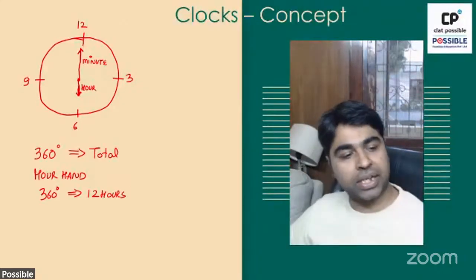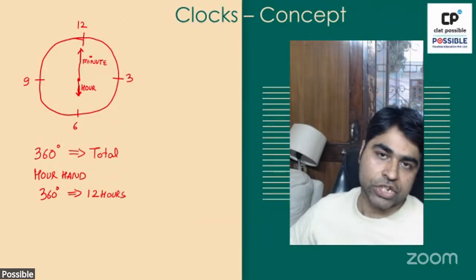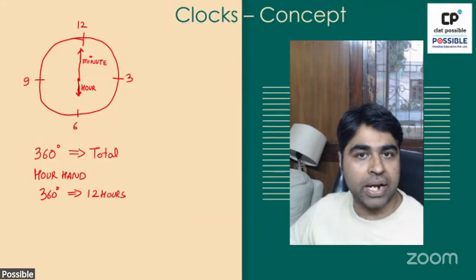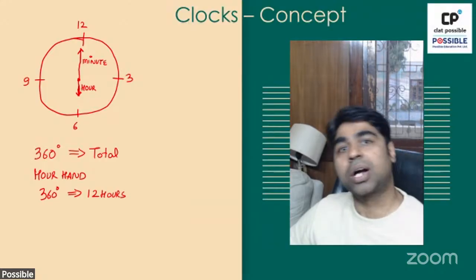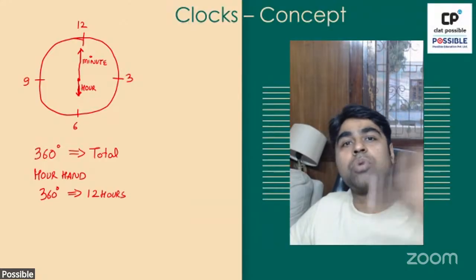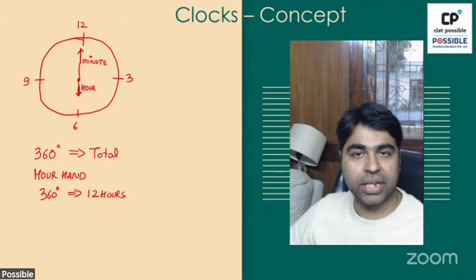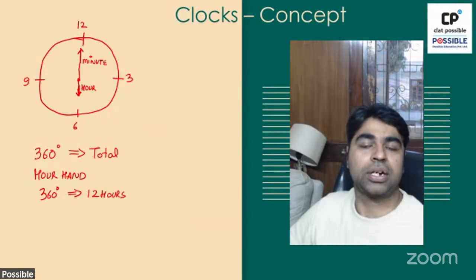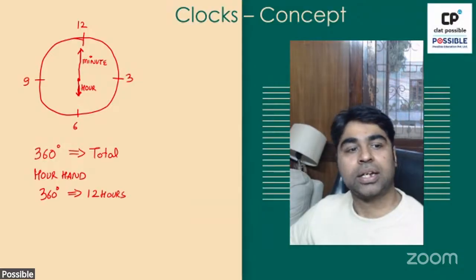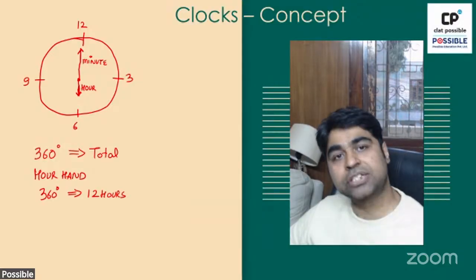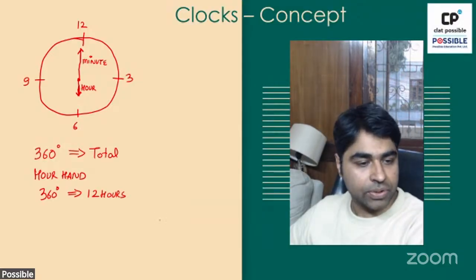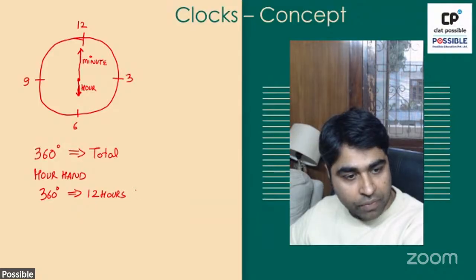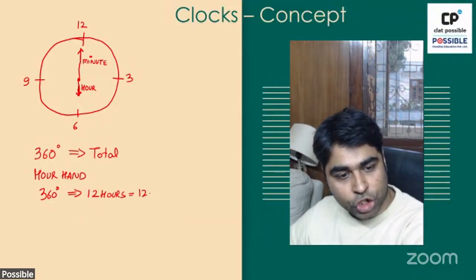The next time the hour hand is in front of 6, when will it come? It will come tomorrow morning at 6 AM. So from 6 PM to 6 AM, what is the total movement done? 360 degrees, right? And how much time has passed? 12 hours has passed. So 12 hours can also be written as 12 into 60 minutes.